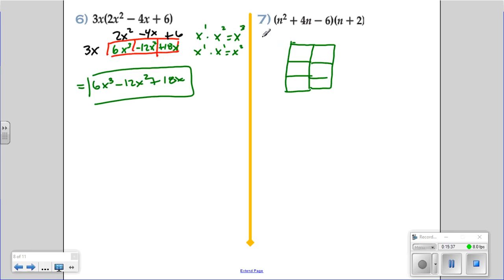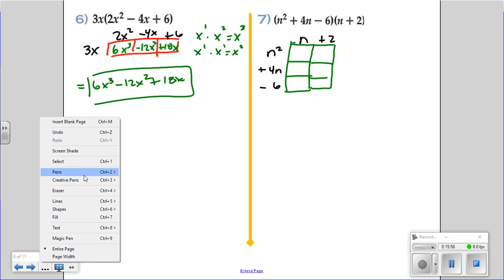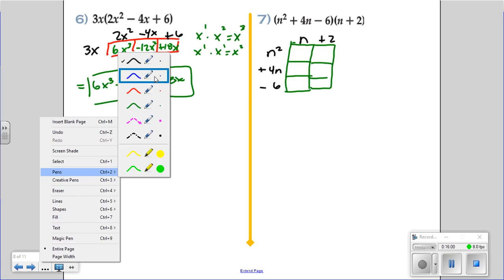So the first one, I'm doing n squared plus 4n minus 6 down the side, and then n and plus 2 across the top. Can you turn the box the other direction? Yes, you're more than welcome to. So there's not only one way to do the box if you choose to do it.